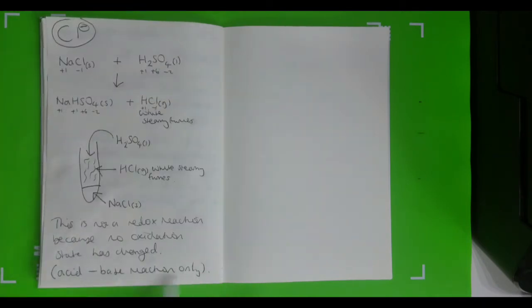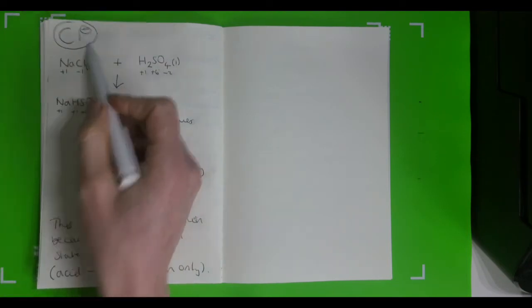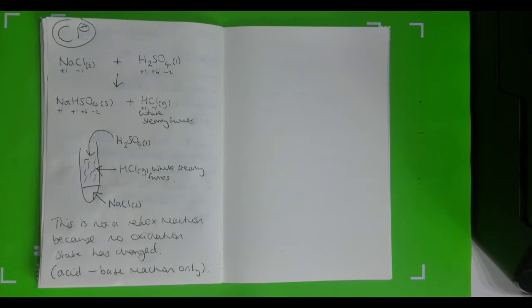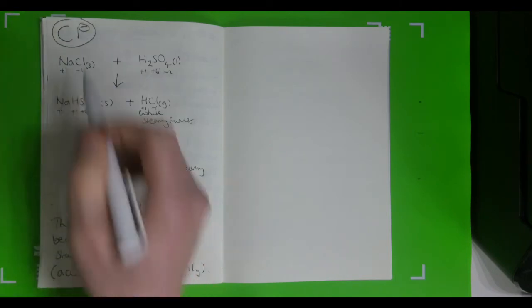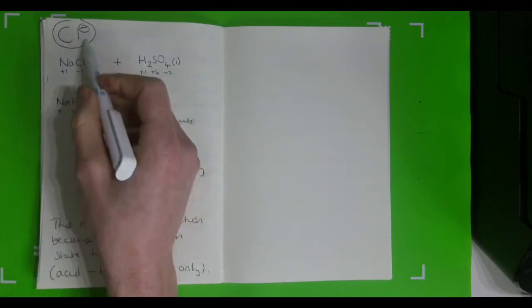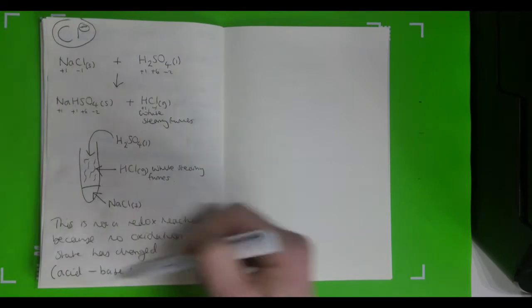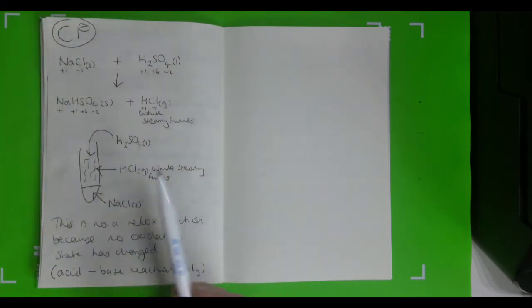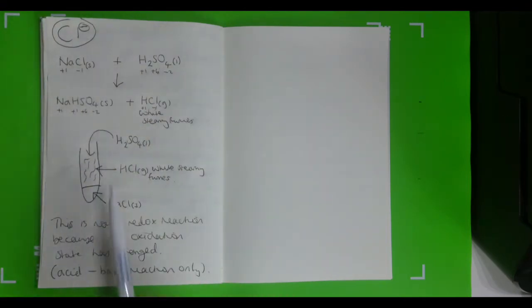So in this particular case, the chloride here is not acting as a reducing agent. Okay, so that doesn't happen. So I didn't do fluoride, but if I did fluoride, it would act in the same way. In fact, it's even weaker. Yeah, so it would just do an acid-base reaction. It wouldn't act as a redox reaction.